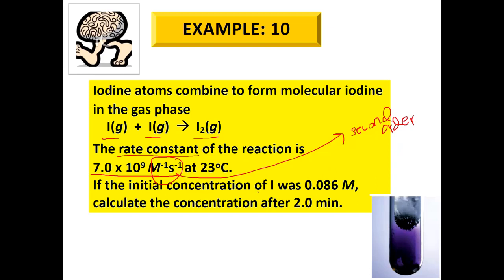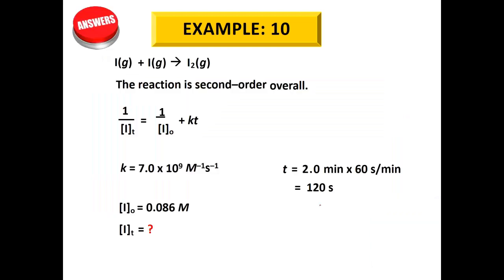If the initial concentration of I was 0.086 molar, calculate the concentration after 2 minutes. So this can be done by using this equation. We have the k, and the t is 2 minutes.